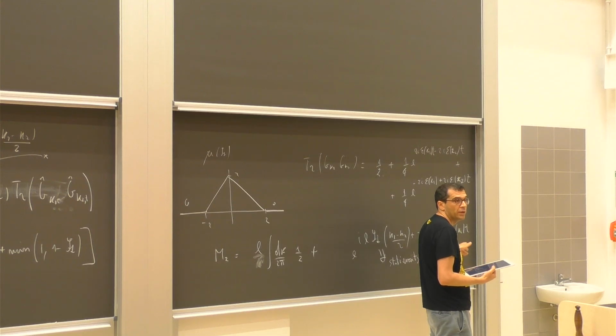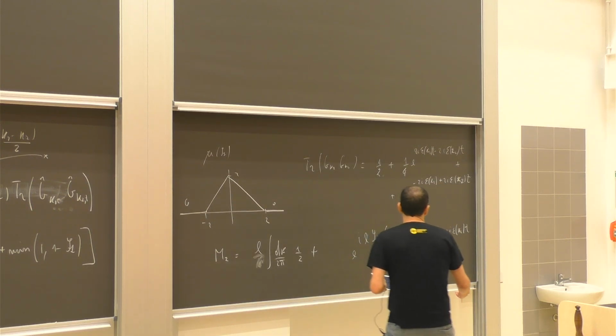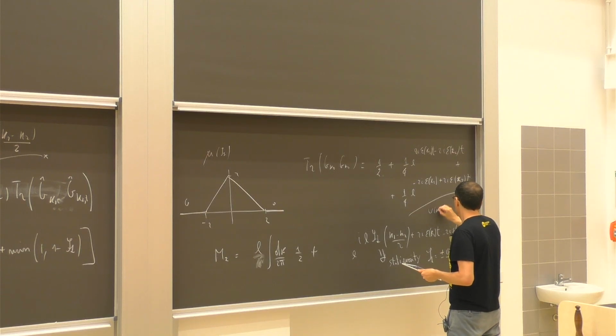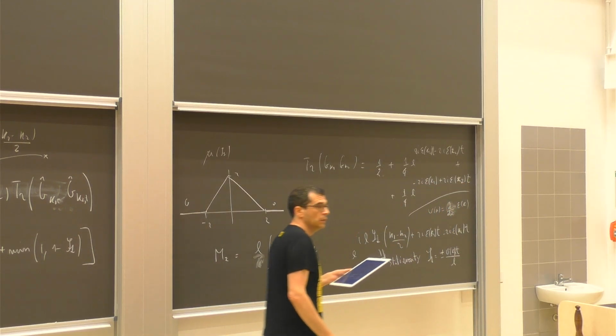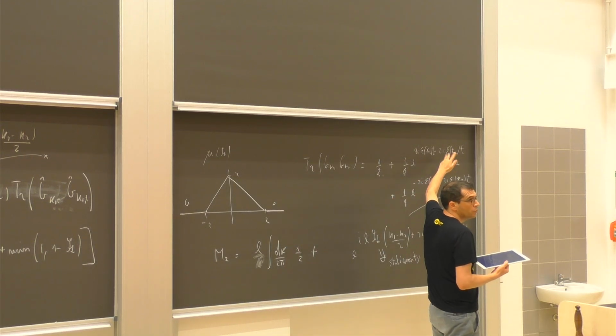Now you see where these velocities appear. So the velocities are, let me write it here, v of k is d over dk of epsilon k. And the plus and minus is to distinguish the two terms.